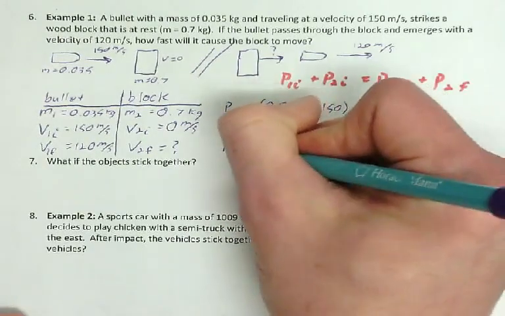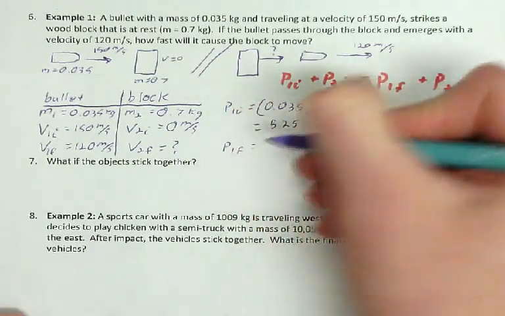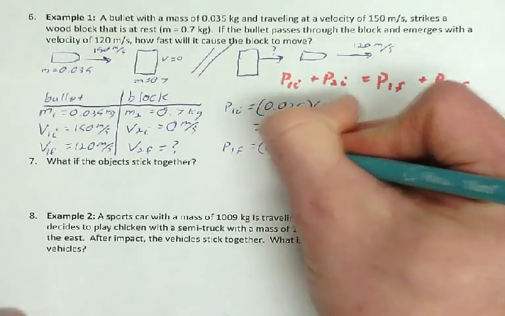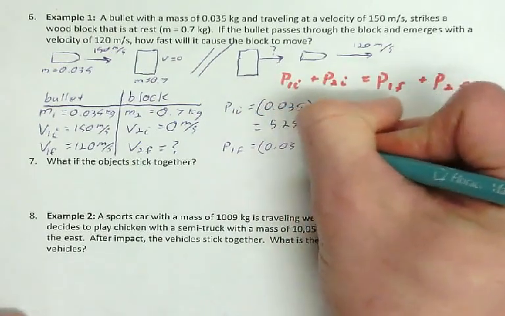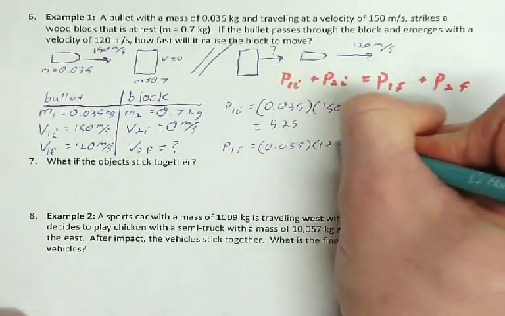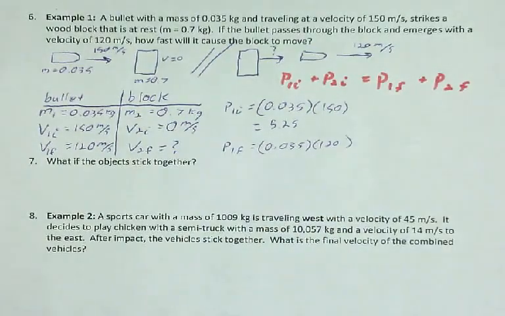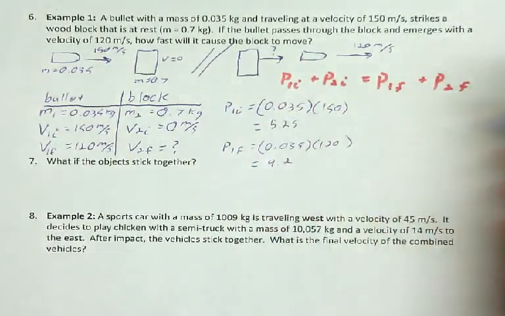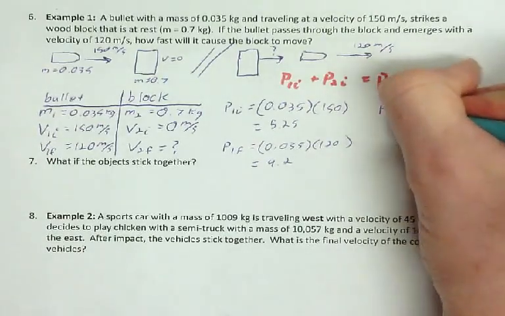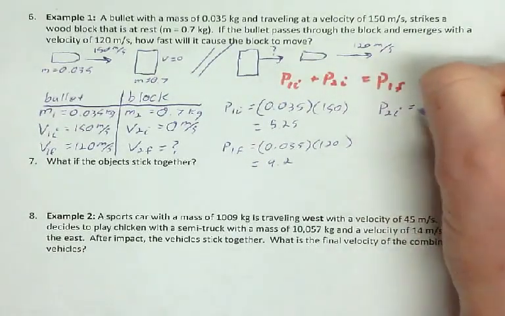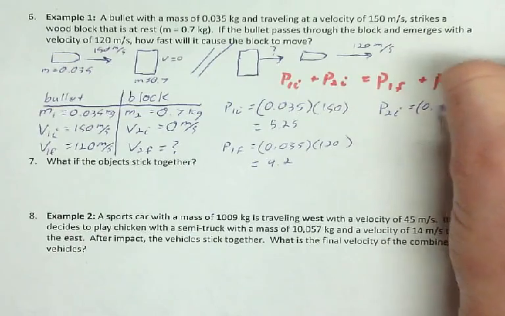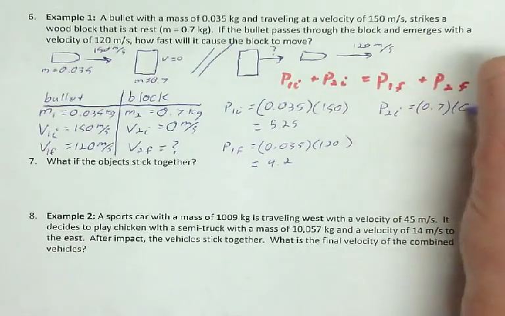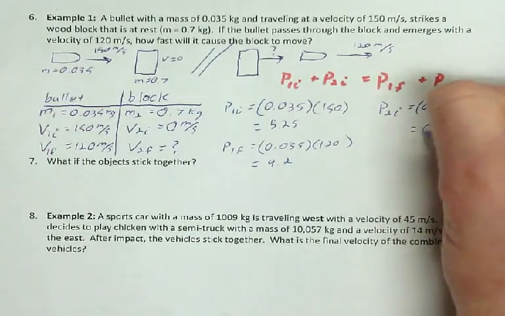Okay, P1 final. It's going to be 0.035 times 120, which is 4.2. Then we do the same thing for object 2. 0.7 times 0 because it starts at rest.